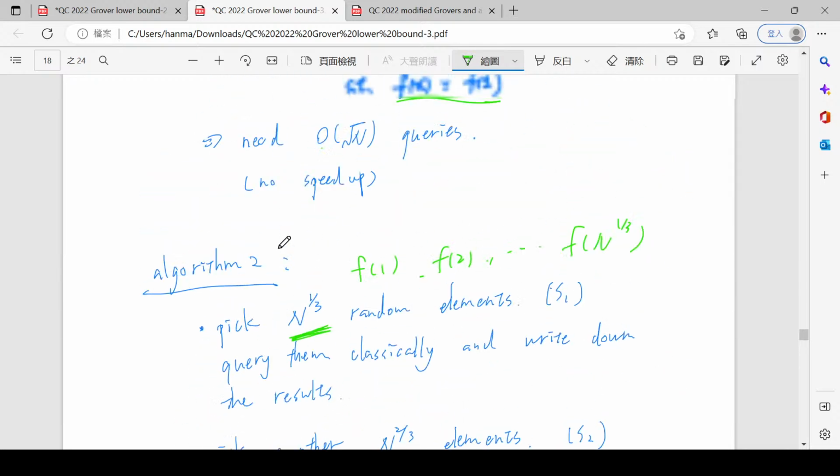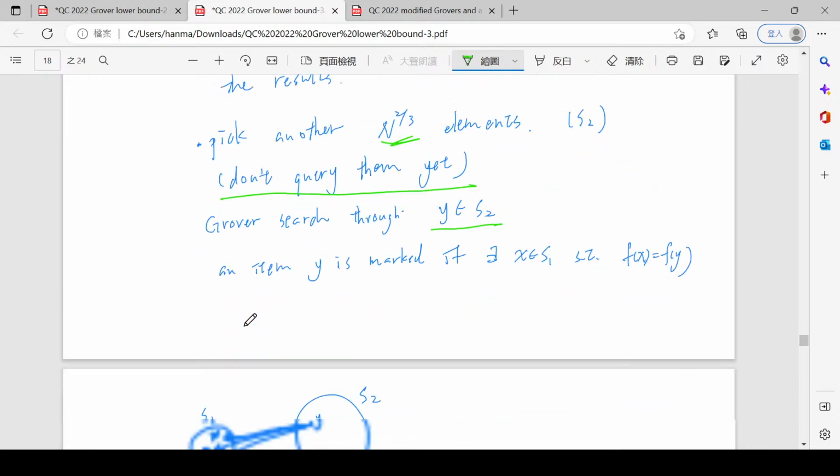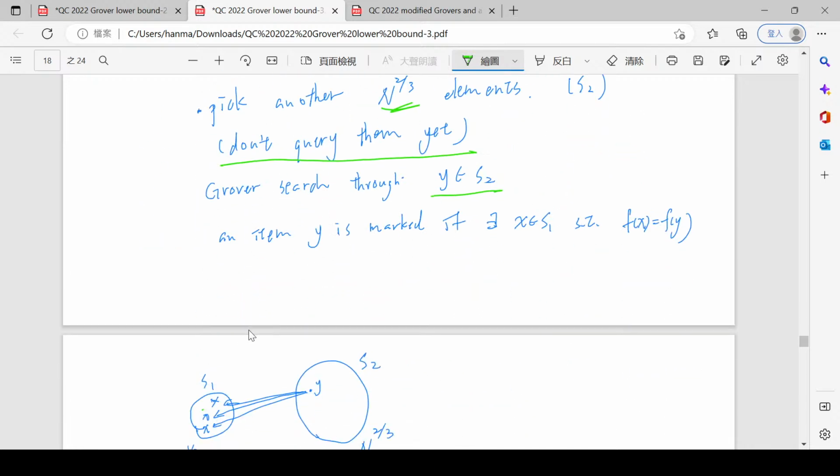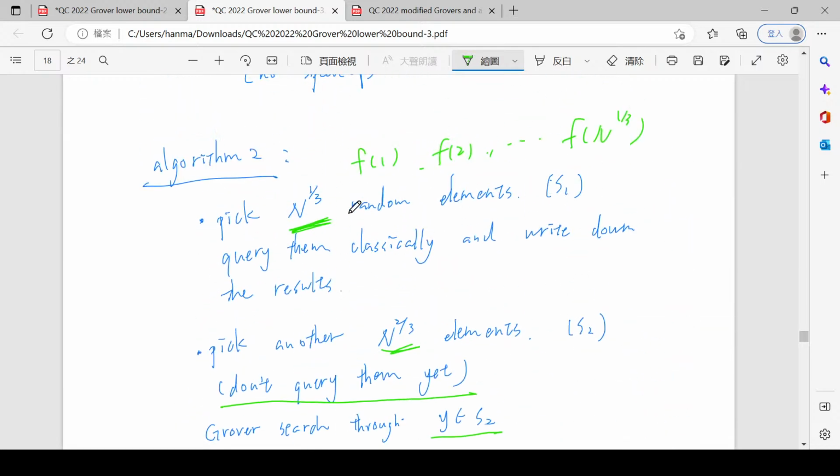Obviously, if you see a collision in S1, you just output that collision, but I guess we don't need that anyway, because the number of pairs here is only n to the 2/3 and the collision probability is 1/n, so there is very low probability you see a collision here.